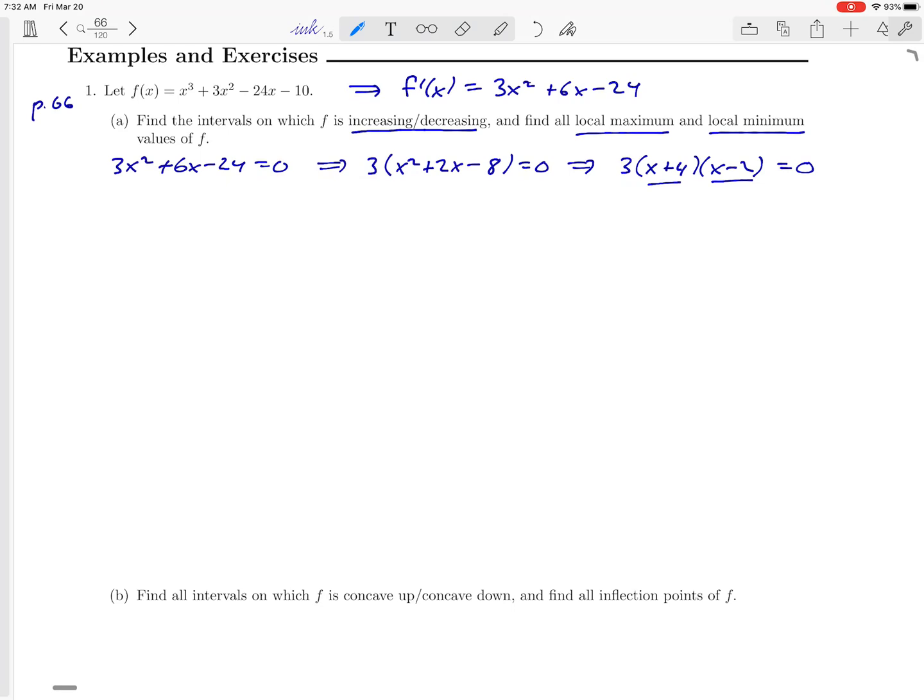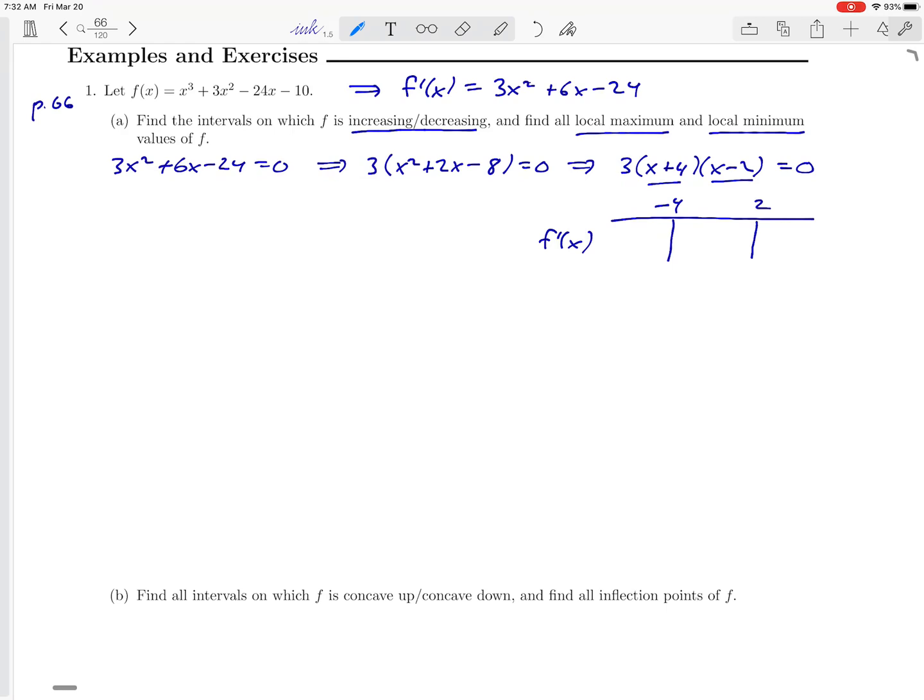Either x is going to be negative 4 or x is going to be 2, looking at those two factors. Okay, so the sign chart that we make, we're going to start by just marking those 2 points that we found, negative 4 and 2. This is the first derivative that we're talking about.